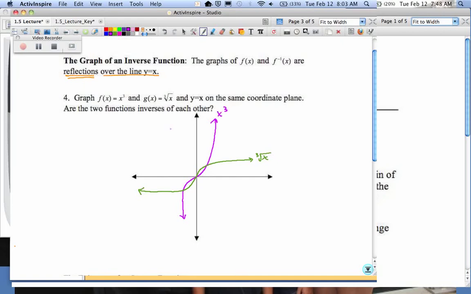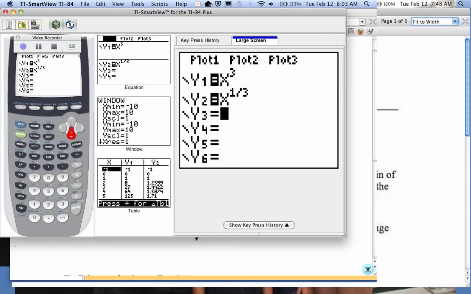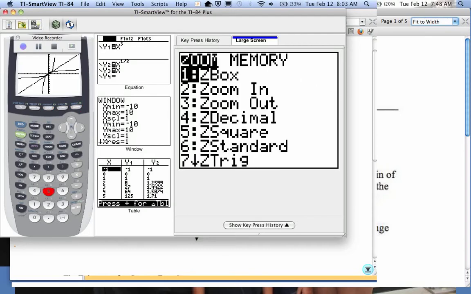So that's your x cubed and your cube root, something like that. And then what they're asking us to do is look, is it a reflection over y equals x? So we could put that in there. Now, depending on how your screen is looking, it might help if you zoom. You don't have to, but if you zoom square.